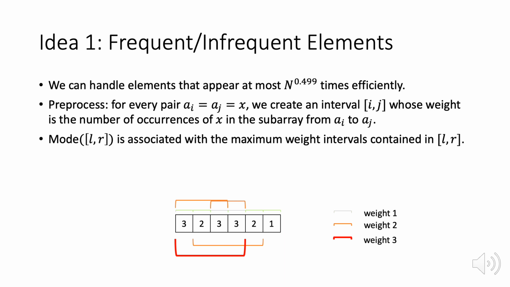For our query [L,R], we first find the interval contained in the range [L,R] that has the maximum weight. Then the mode of [L,R] is exactly the element associated with this maximum weight interval. For instance, if we have a query of the subarray 3321, we find the maximum weight interval contained in this array, which is the interval from the second 3 to the third 3. Therefore, the mode for the query is 3.